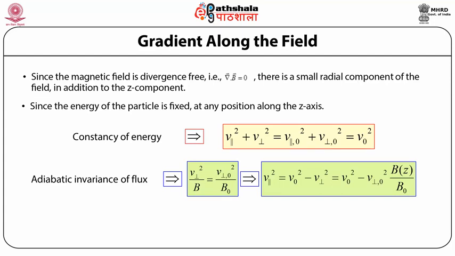On combining these two equations, we get V parallel square equals V naught square minus V perpendicular square, which equals V naught square minus V perpendicular naught square times Bz divided by B naught.